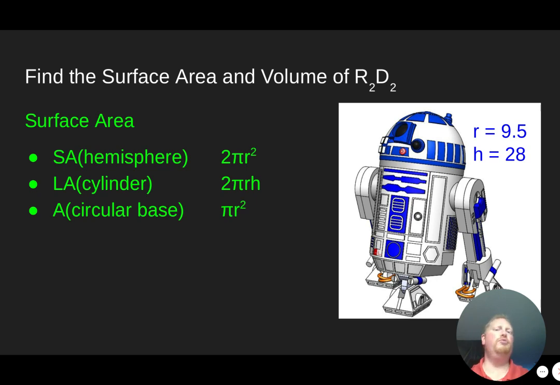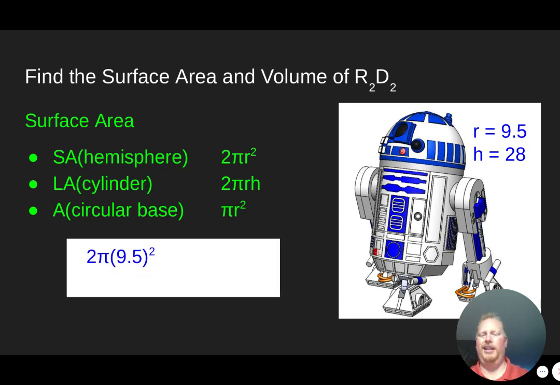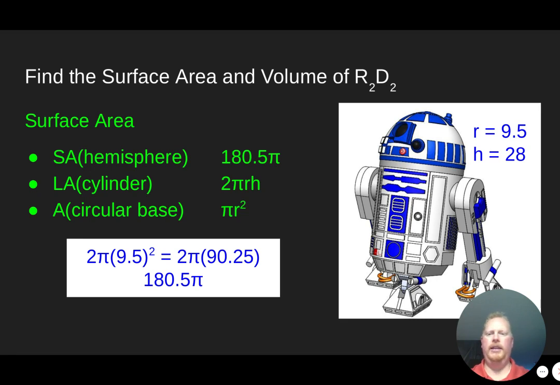So now that we know which regions we're talking about, and now that we know the formulas for each region, let's plug in what we know. So the radius is 9.5, so let's plug that in. 2 pi times 9.5 squared. Square that 9.5 and you get 90.25. Multiply that by 2, and the surface area of R2D2's dome is 180.5 pi. Now let's figure out the lateral area of the cylinder.